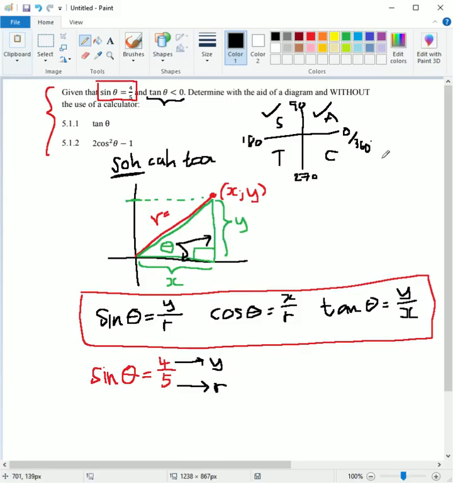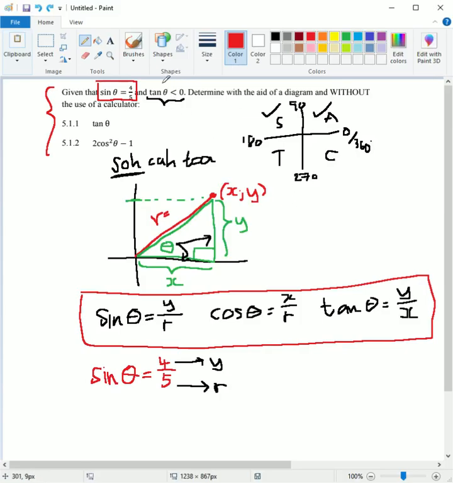So if, for example, I say from 0 to 90, then I would be there. If I say from 0 to 180, then I would be in those two quadrants. If I say 180 to 360, then I would be in these two quadrants. If my restriction were like that, that's what I would look at.